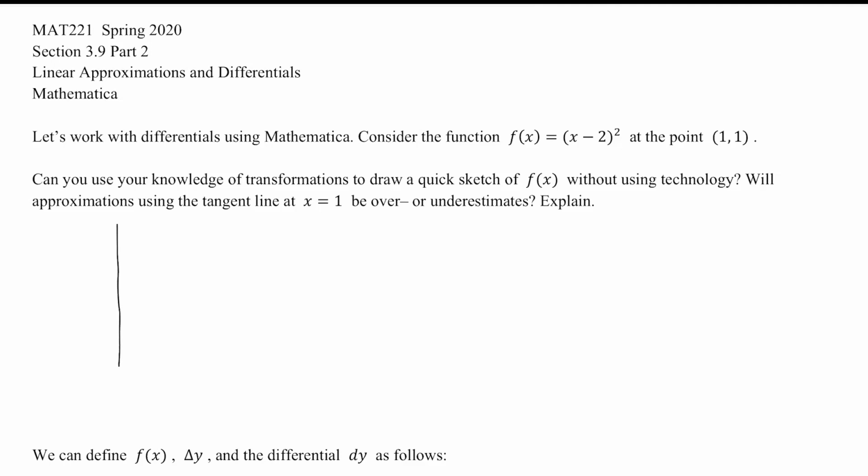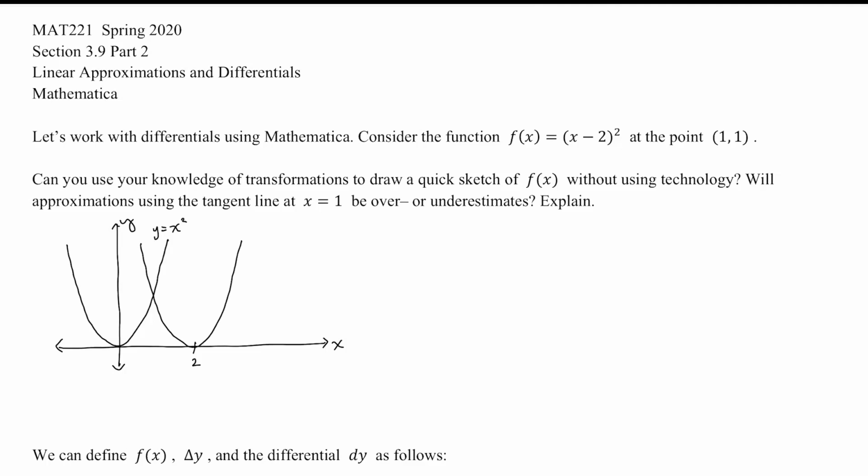The first thing, again, just a little reminder from pre-calc, we don't even really need the computer to understand a basic sketch of this function. If we were to start with y equals x squared, our famous parabola opening upward, vertex at the origin, then (x − 2)² just moves that 2 units to the right.